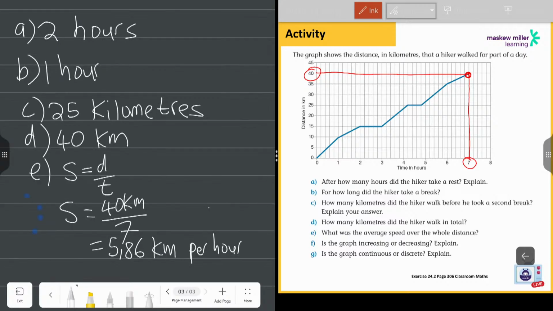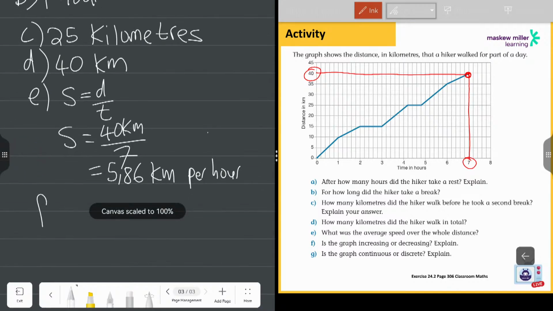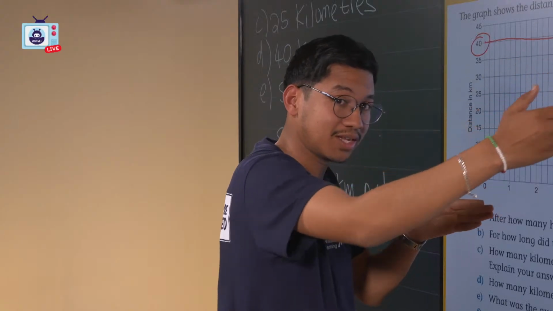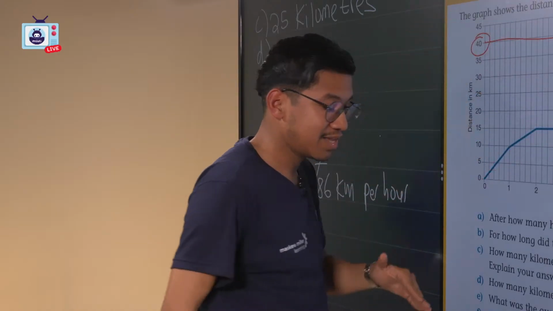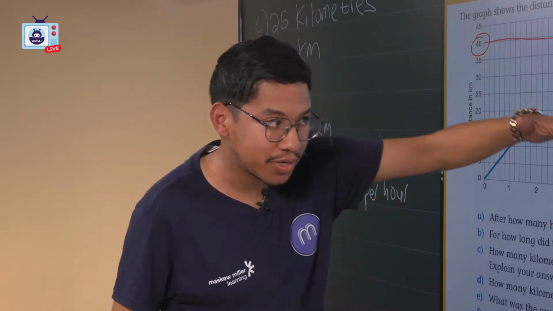And then, let's see what they're asking by F. Is the graph increasing or decreasing? Now be very careful here. Does this graph have a trend of increasing or a trend of decreasing? Increasing is going up, right? An upward trajectory. And decreasing is what? A downward trajectory.